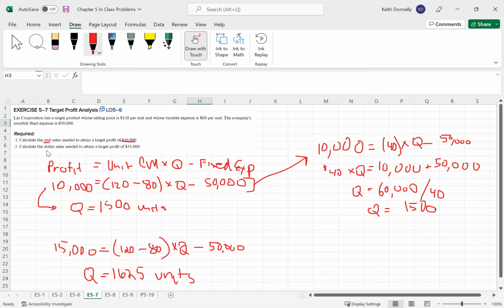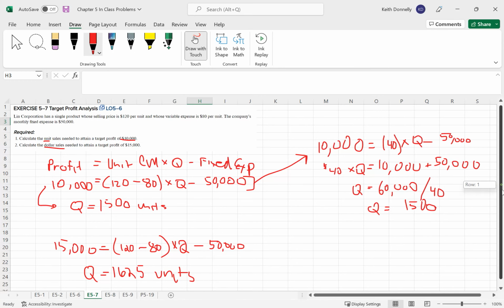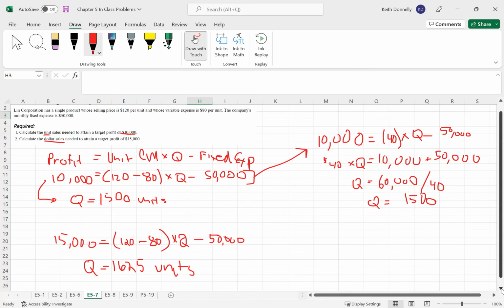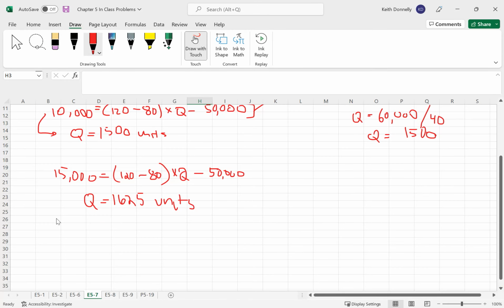But they don't want it in units. They want it in dollar sales. Right? So all we need to do then is multiply this times the selling price of $120 per unit.